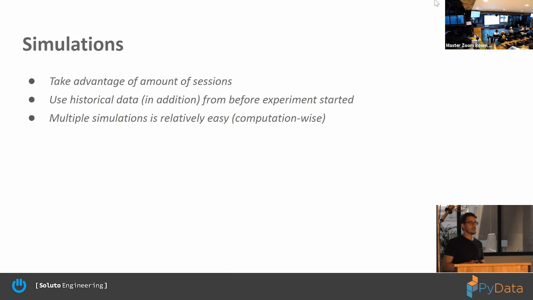So what we wanted to do in this method is first take advantage of the fact we have a lot of sessions, take advantage of the fact that we have the past data for every expert. We are splitting the experts 50-50 or another portion, but we do know for each expert what he has so far, what his metric is so far.